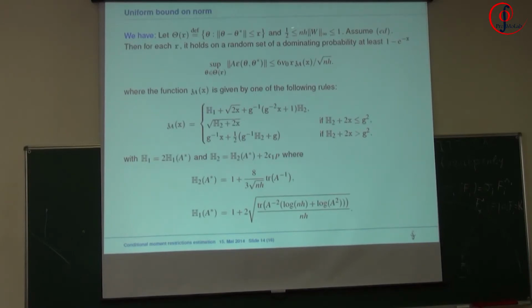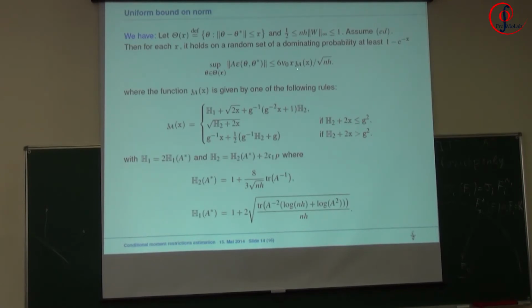We have these conditions over a vicinity which is not normalized by D0 as previously. We have conditions over epsilon theta, and with high probability we can control the norm of this process uniformly over our whole vicinity.